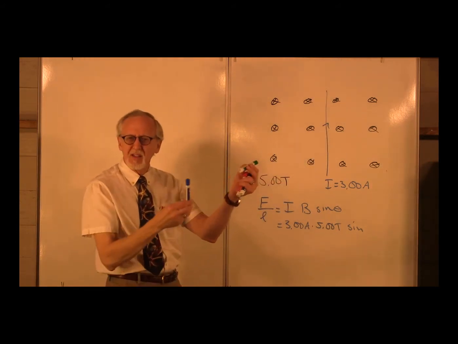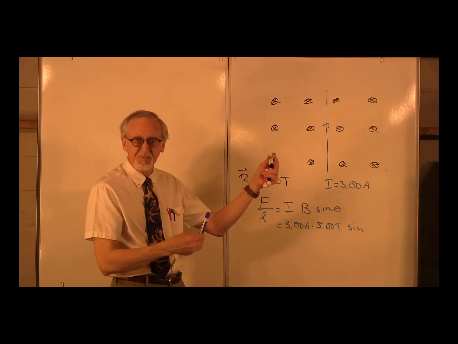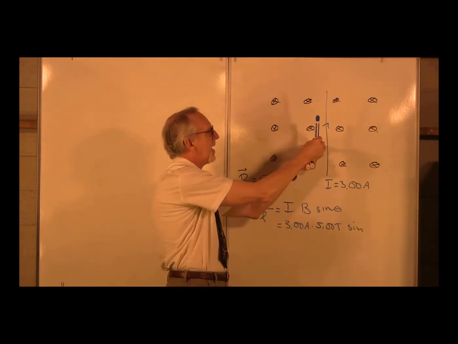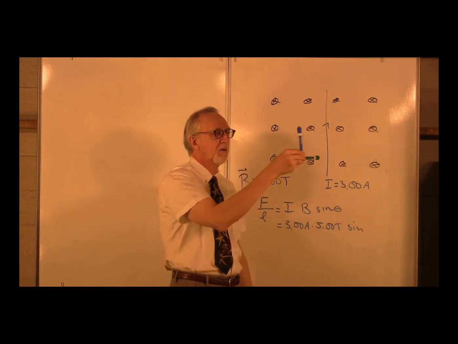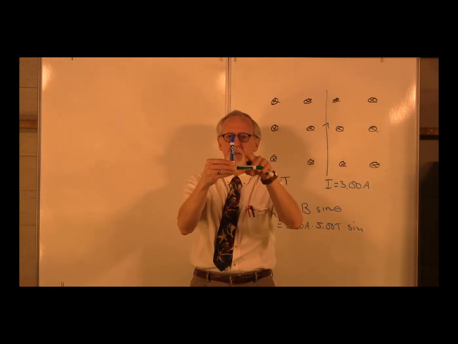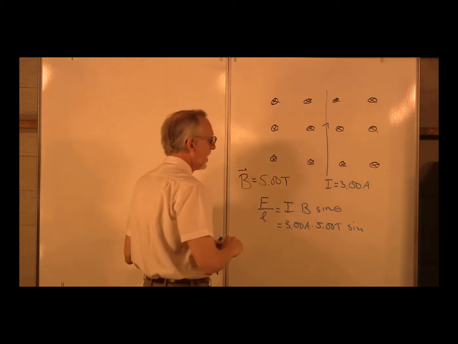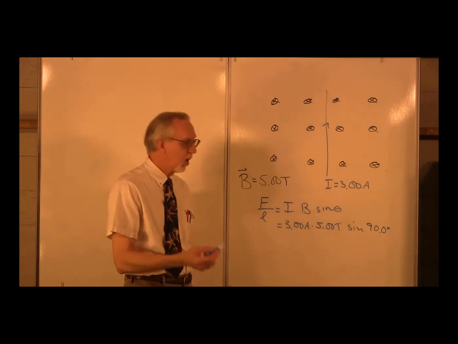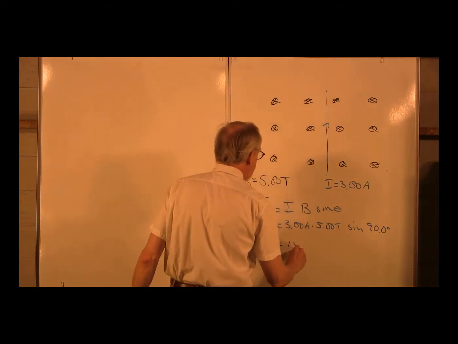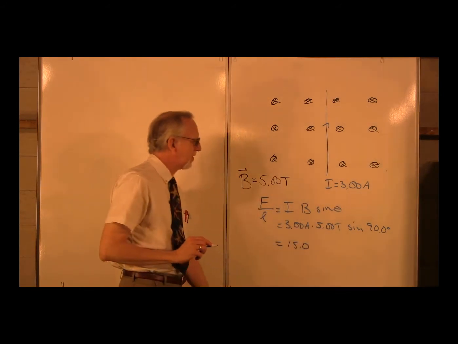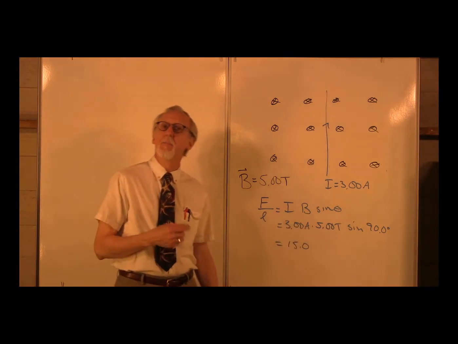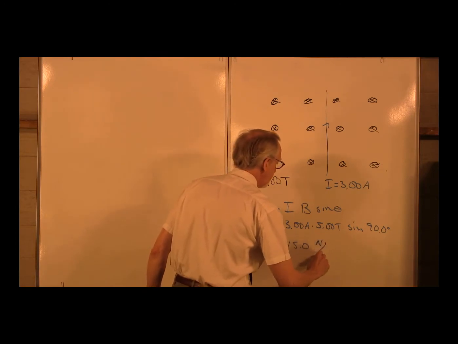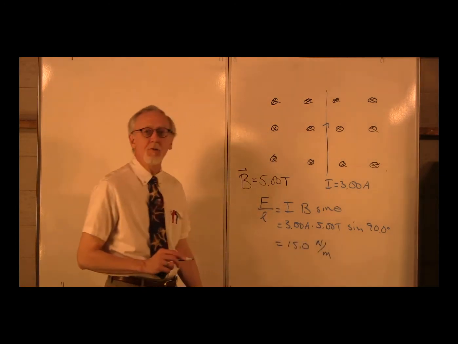Well, let me make a little physical demonstration of this. So B is into the board, I is up. What's the angle between them? 90 degrees. So sine of 90 is 1. What do we get? 3 times 5, 15 amp Tesla. But that is also a force per length, so that is newton per meter. So we have 15 newtons per meter.